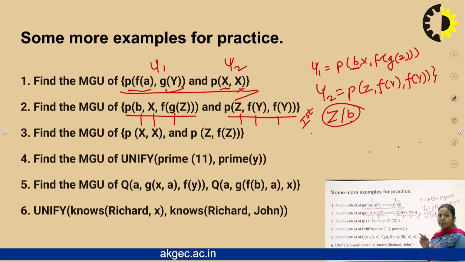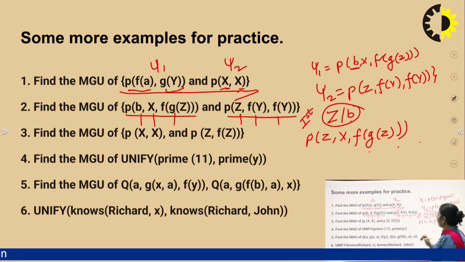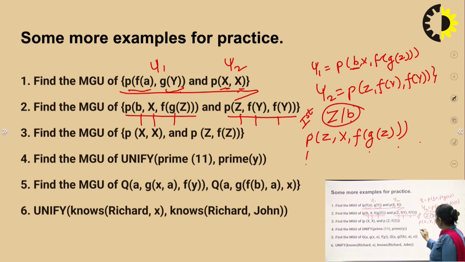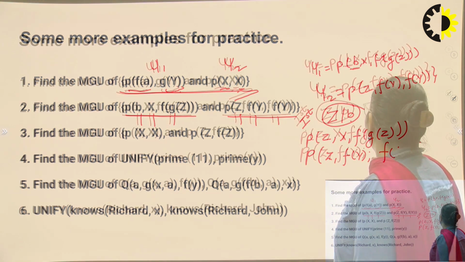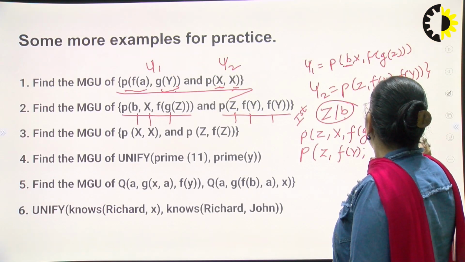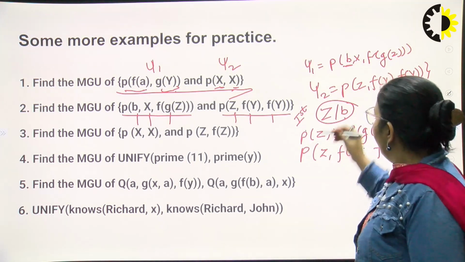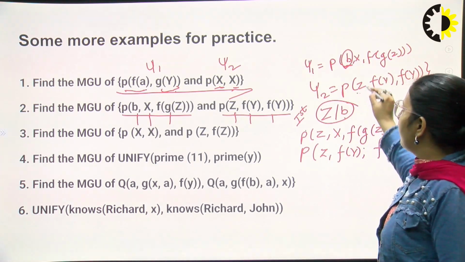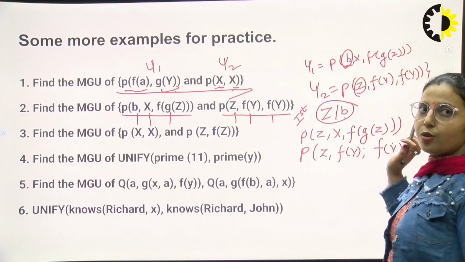So the expression will become P of Z, comma X, comma F of G of Z, and the second expression is P of Z, comma F of Y, comma F of Y. This I have done for the first expression; you can do the same for the rest.